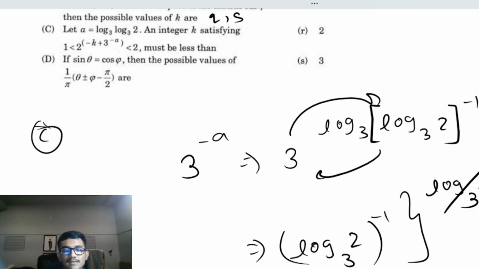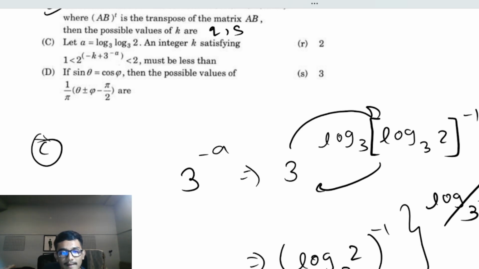So ultimately this entire term is 1 upon log 2 to the base 3. Again a property of logarithm, you can write it as log 3 to the base 2. It gets exchanged like this. So 3 to the power minus a is this. Now it is okay.